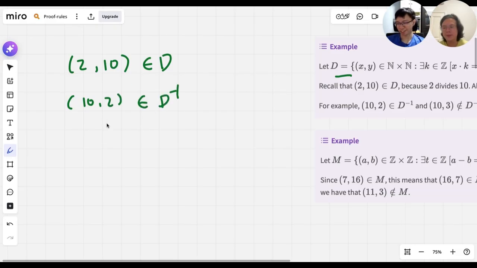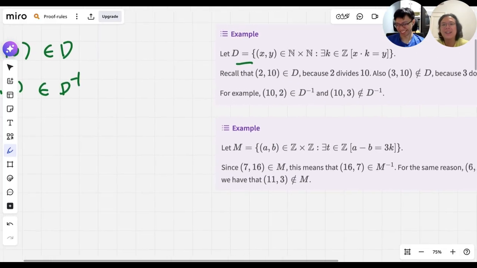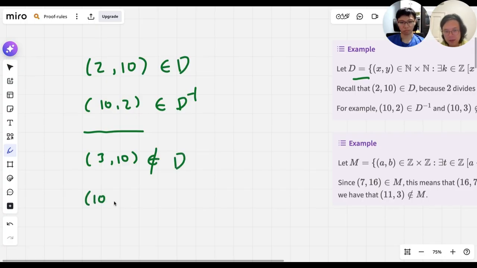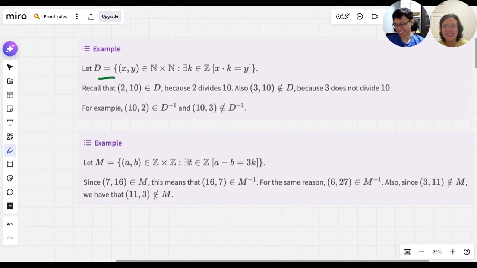Now, this isn't just for things that are in the set, it also applies for things that are not in the set. For example, 3 doesn't divide 10, so (3, 10) is not in D. For that reason, we know that (10, 3) is not in the inverse.